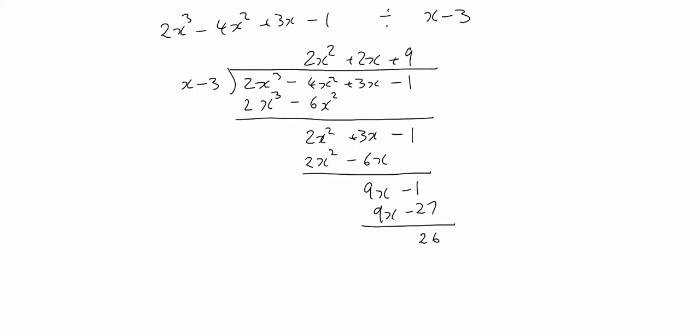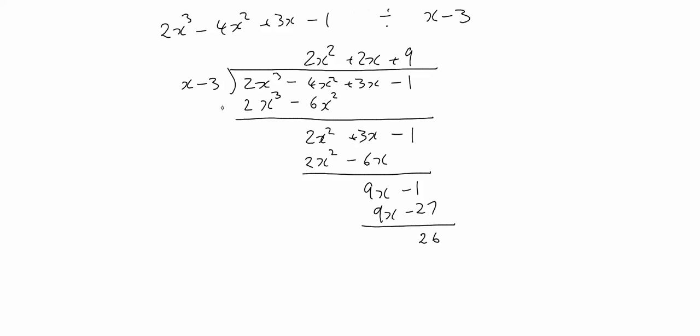So dividing 2x cubed minus 4x squared plus 3x minus 1 by x minus 3 gives us 2x squared plus 2x plus 9, remainder 26.